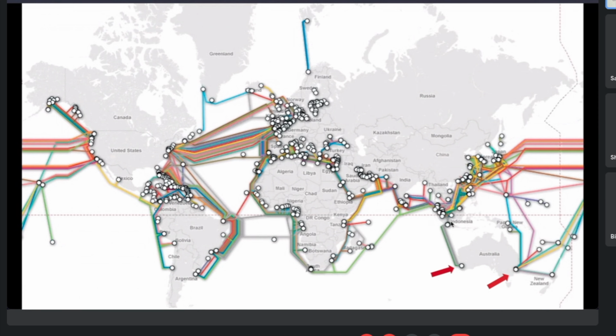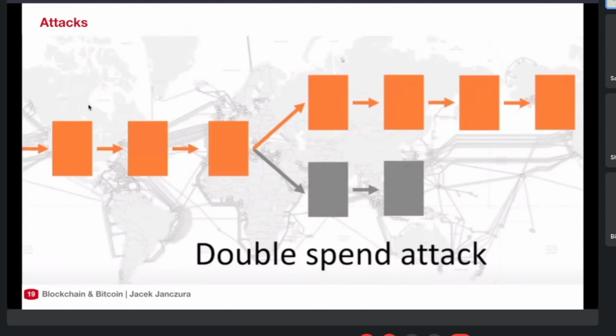And in case of a distributed network, we've got a blockchain. So we add blocks one by one, and then there is a terrorist attack. Australia gets cut from the blockchain, but the miners in Australia mine the blocks, and miners in the rest of the world mine the blocks as well.